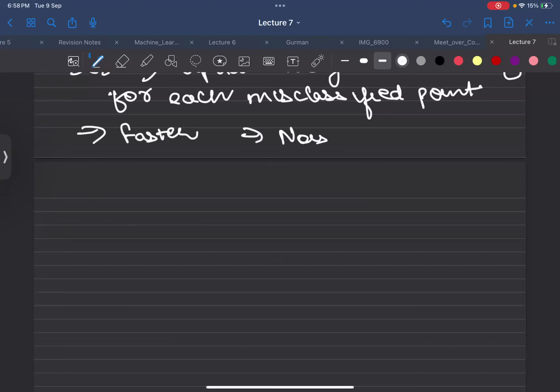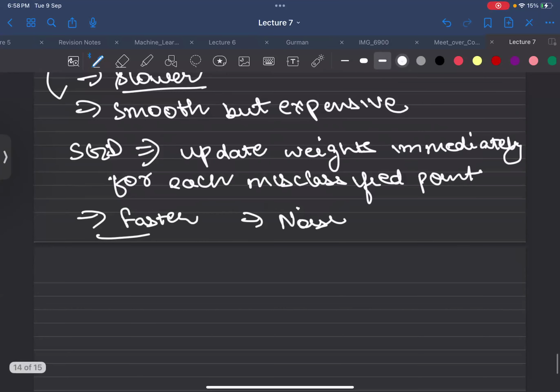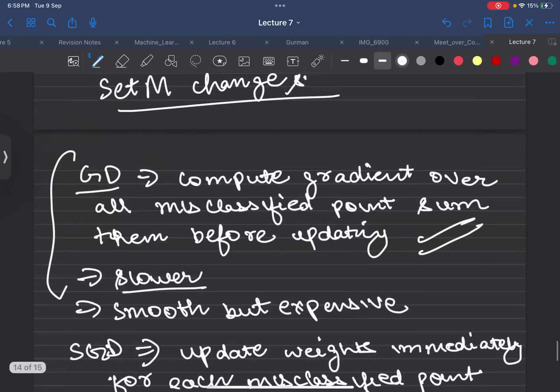Some noise can be there, but it works well. So SGD is applied in Perceptron. As soon as you make one mistake, you immediately correct yourself. GD means I look at all the mistakes you made today, then adjust your rule. Fine. Now, Bhavna, if an MCQ is between GD and SGD, can you do it?